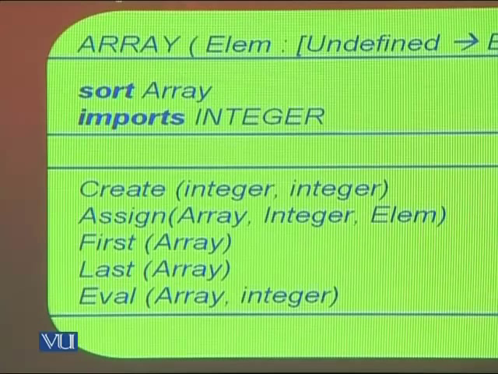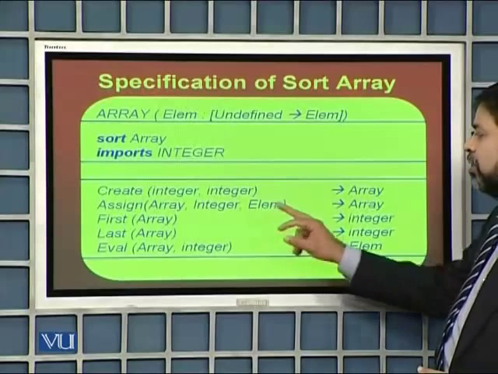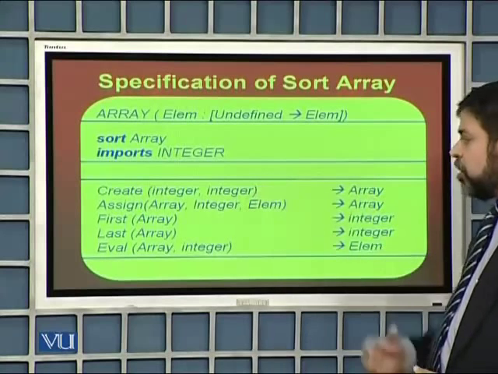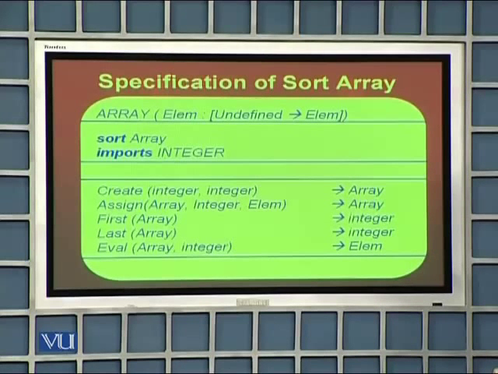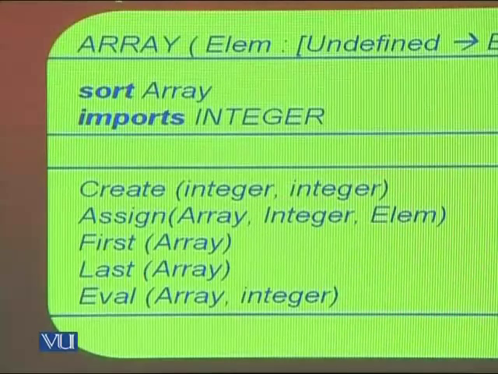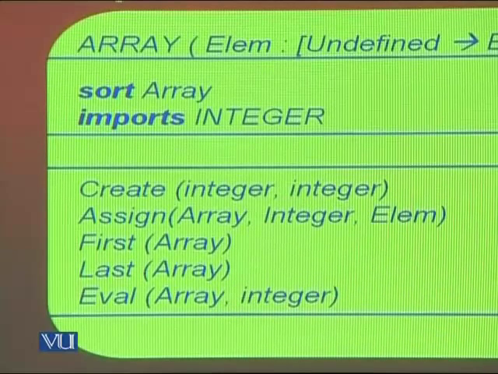The methods that change the state of a sort are called constructors. So these two are constructor methods. Although we have a different concept of constructor in the object-oriented paradigm, here constructor means any method which changes the state of the object on which it is operating. And the methods that do not change the state of the array are called inspectors.